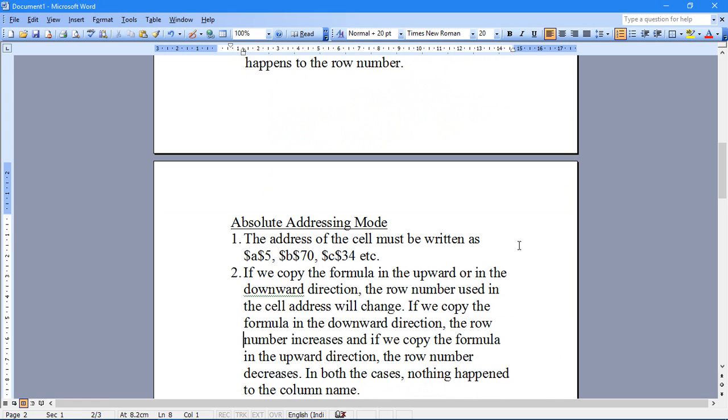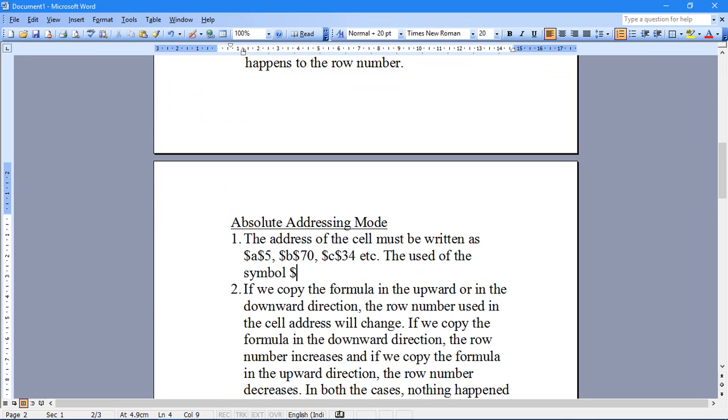And I have already given you the tutorial here in MS Excel that the use of the symbol dollar makes anything static.